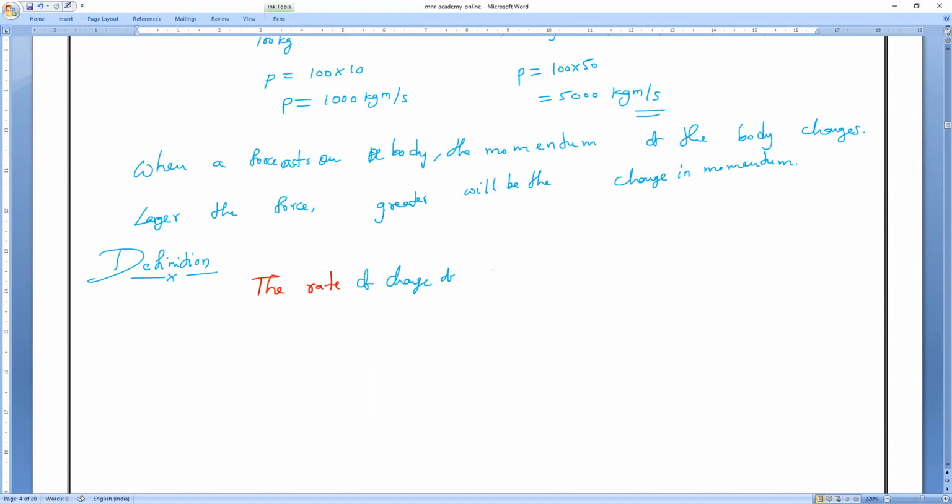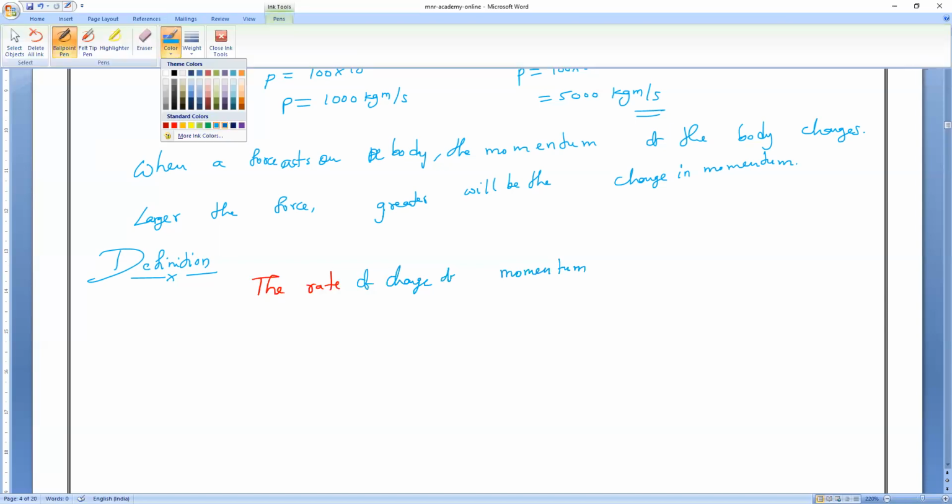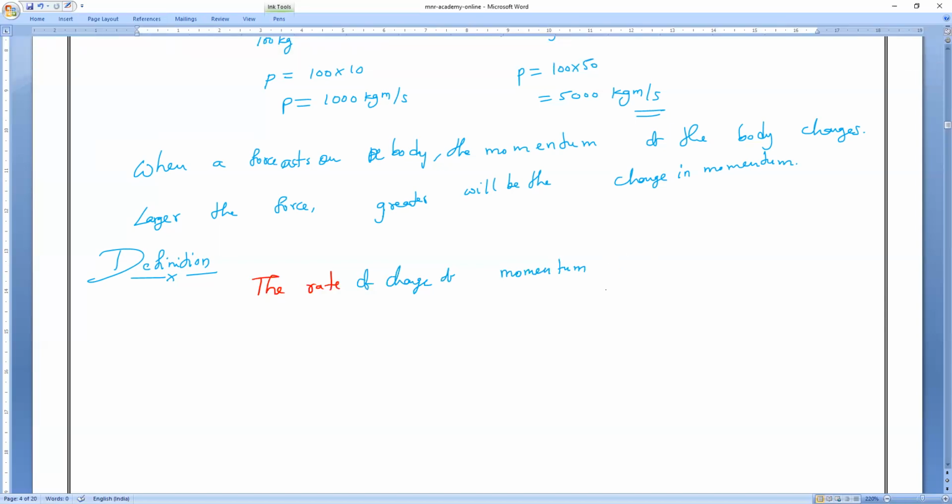Rate of change of momentum. Yes, the rate of change of momentum of a body is directly proportional to what?